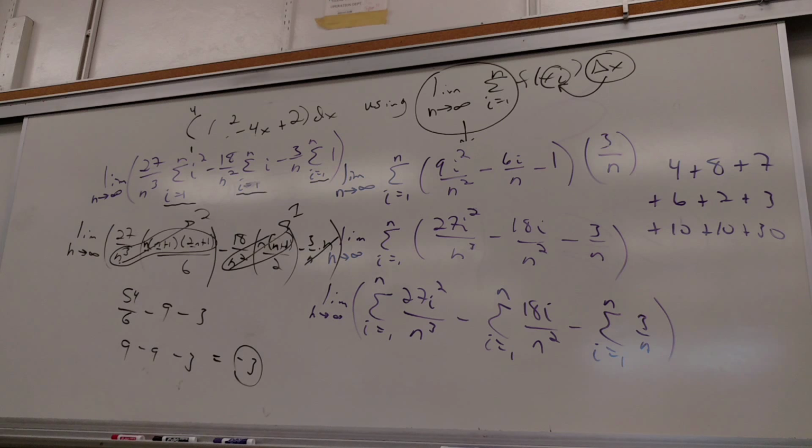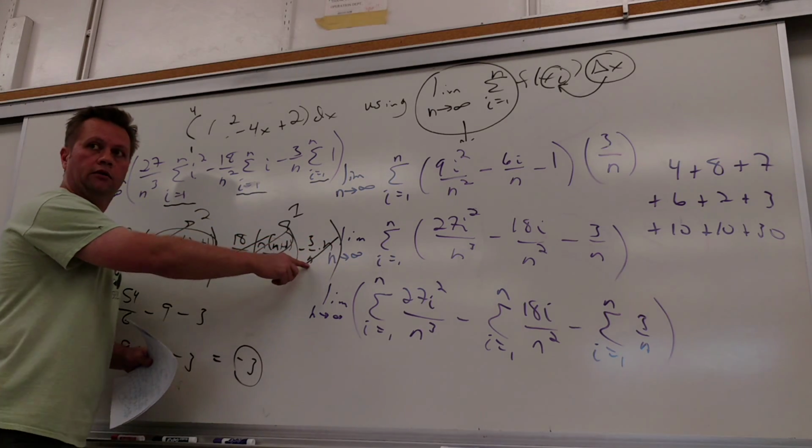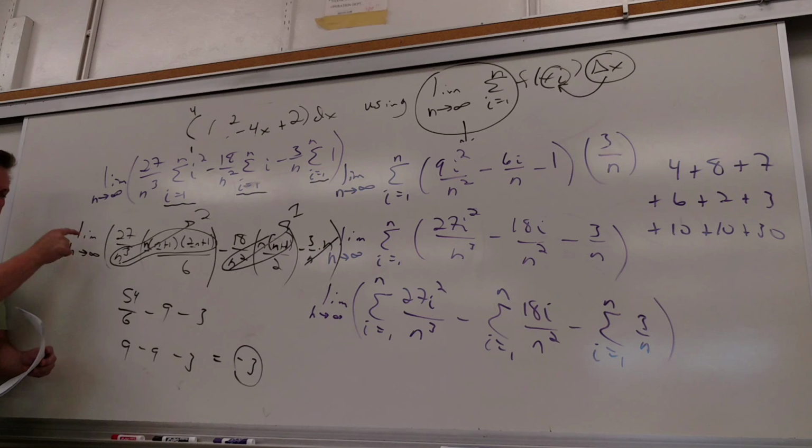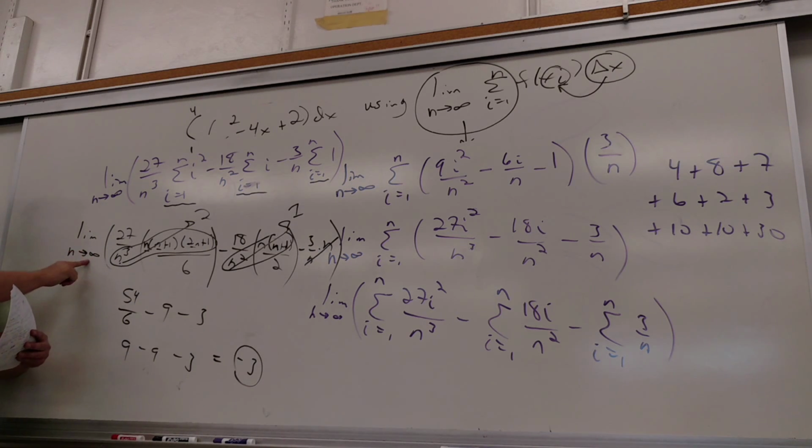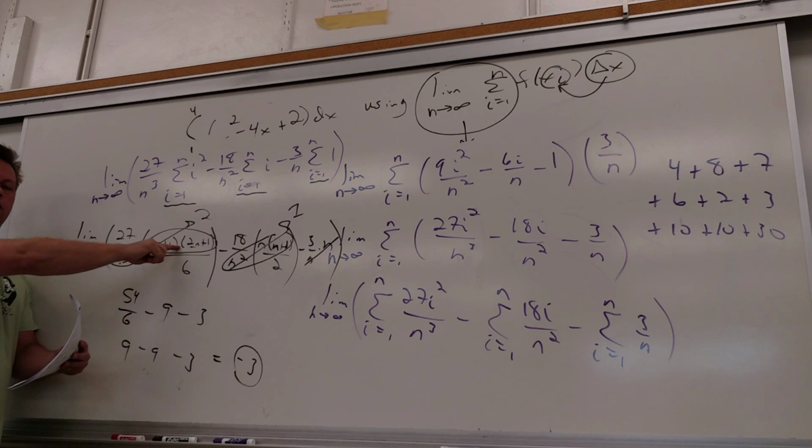So which one? How did you cancel that stuff out? So this one I canceled out completely, right? These are gone because I'm taking a limit. I actually did the limit now. Now that I have everything in terms of n, I can let n go to infinity, so the n's go away. Here, this is pre-calc.